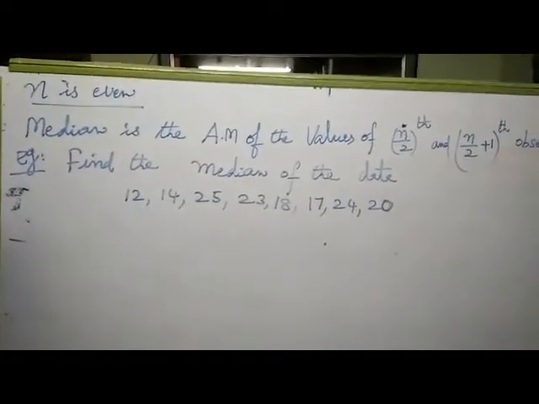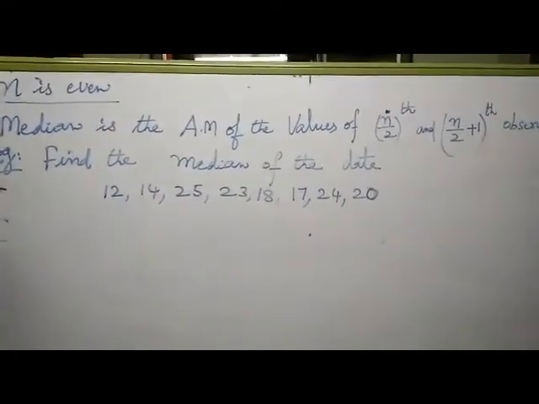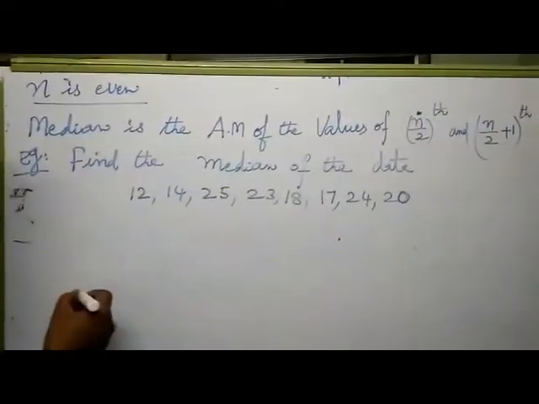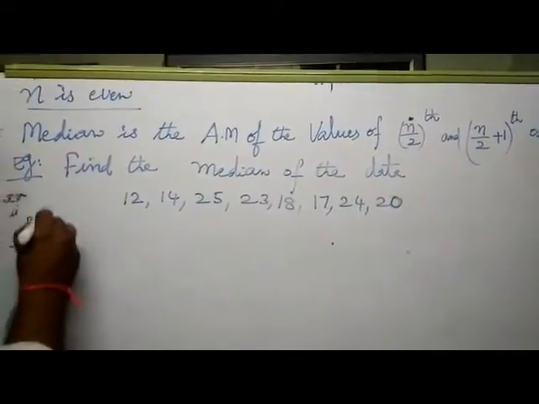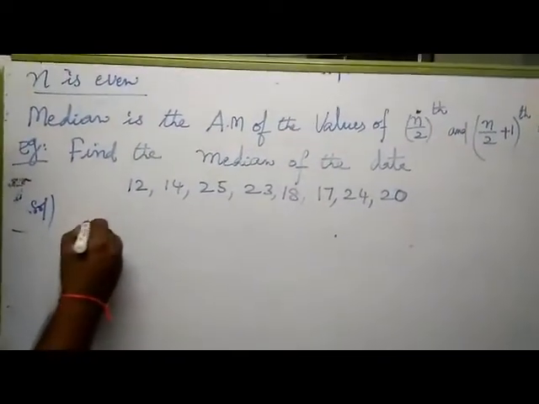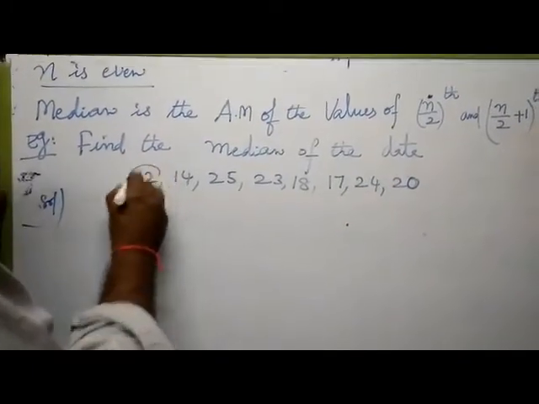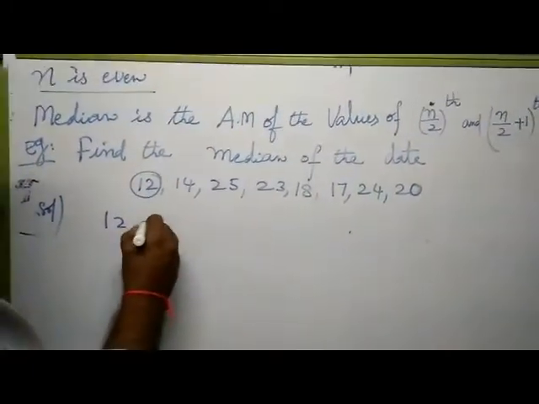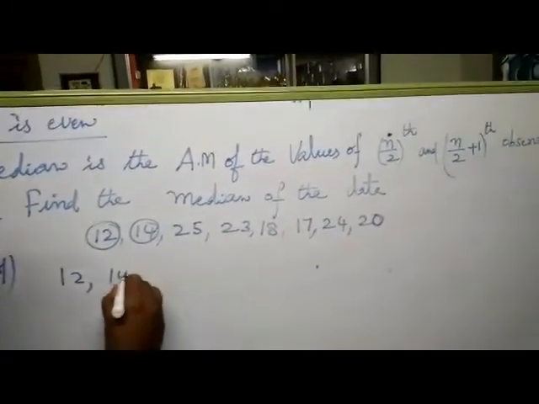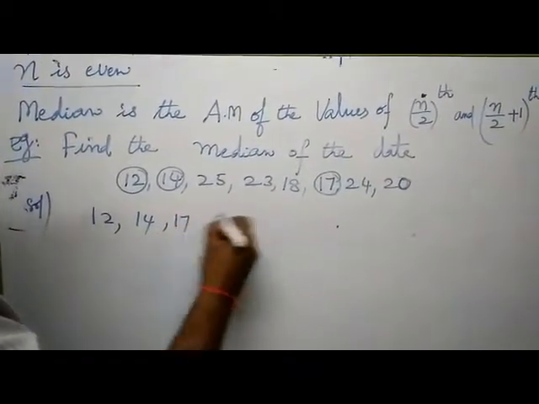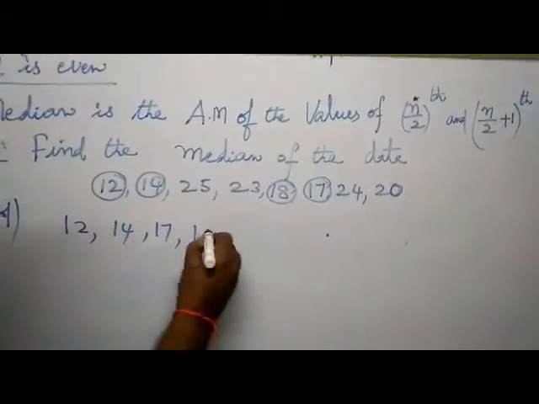Once again, one more example. This is nothing but n is even. So find the median of the following data. Solution: ascending order. First, what is the smallest number in this? 12. Afterwards 14. Next 17. Next one is 18.